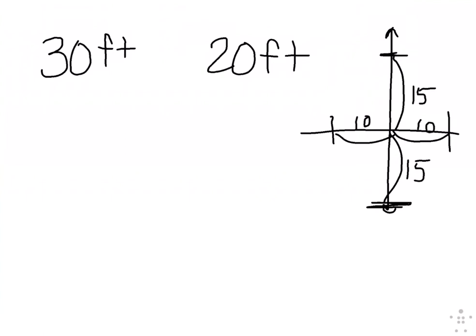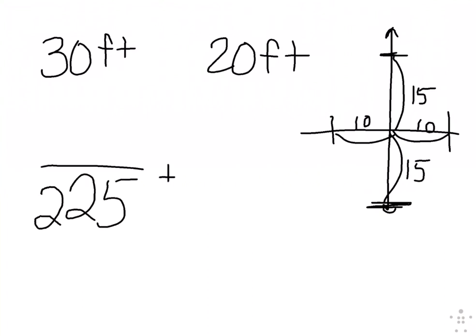Okay? Now, I'm not squaring the 30 and I'm not squaring the 20. I'm squaring the what two numbers? 15 and 10. What's 15 squared? 225. And what's 10 squared? 100.